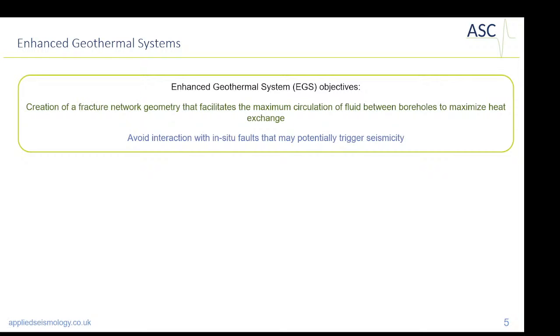Also, of course, another objective is avoiding the interaction with in situ faults that can either induce damaging seismicity, but also create paths for the migration of fluid and the loss of the heat that has been exchanged in our injected water.